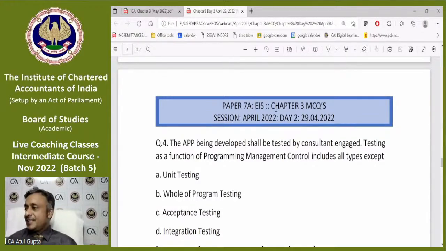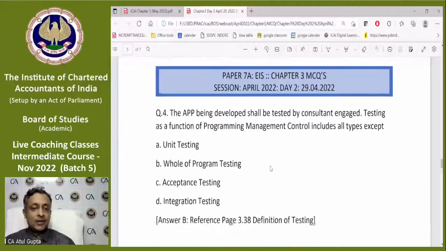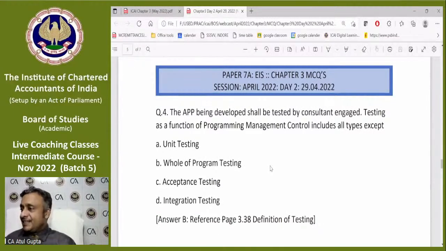So we have answers for fourth. Let me scroll it. Yeah. So B is the correct answer. Harshita said correctly. Sonika correctly. Hitesh is correct.